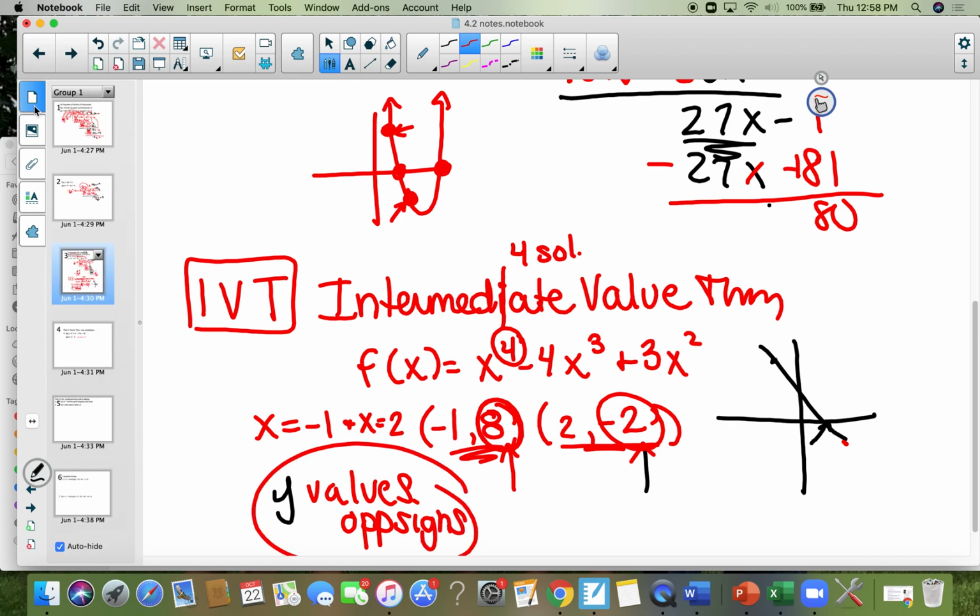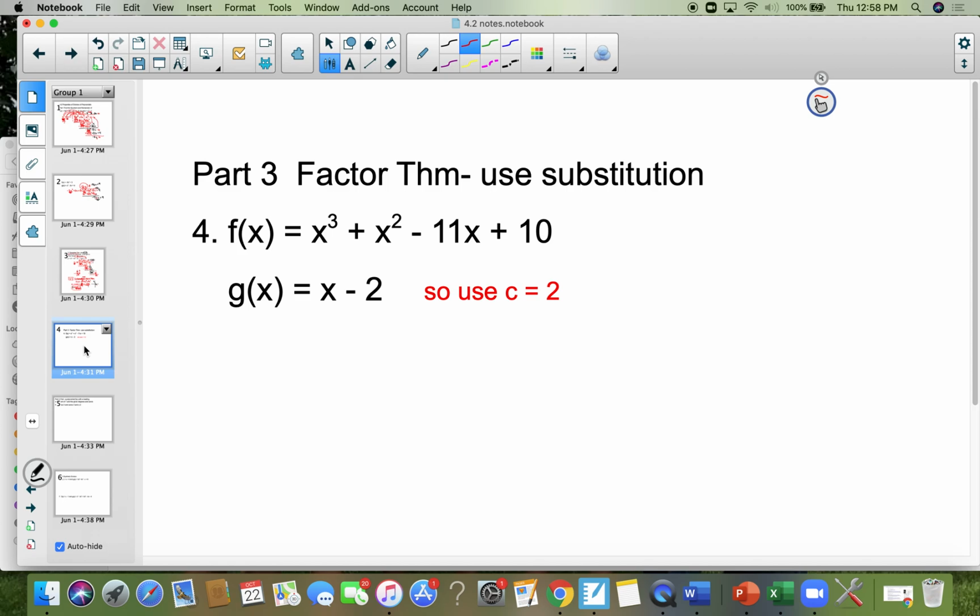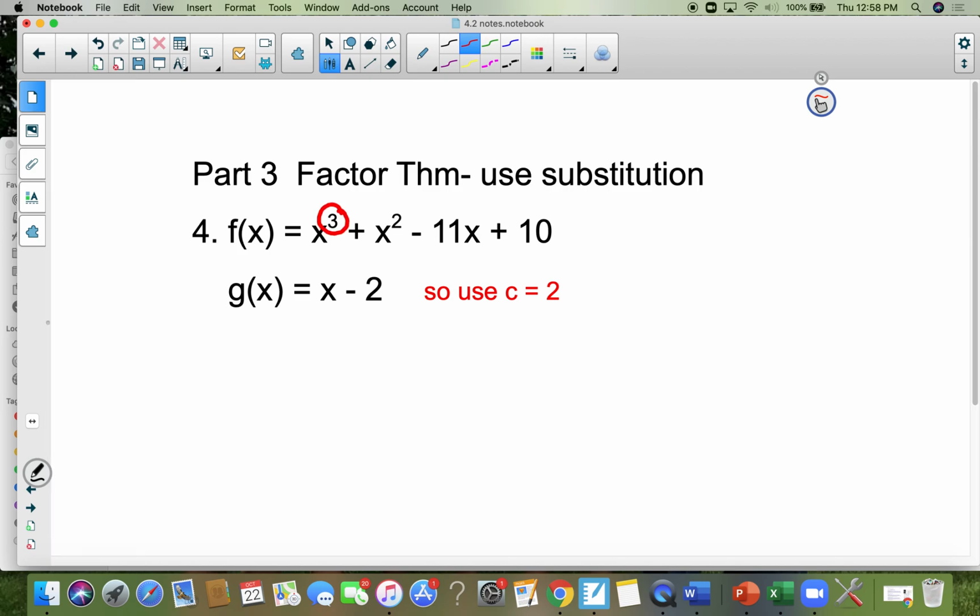Okay, the next part of the assignment is checking basically if there are 3 solutions, so where does it cross over the x-axis? They're basically asking, all you do is set x minus 2 equal to 0, x equals 2. They're wondering if 2 is one of the three solutions.